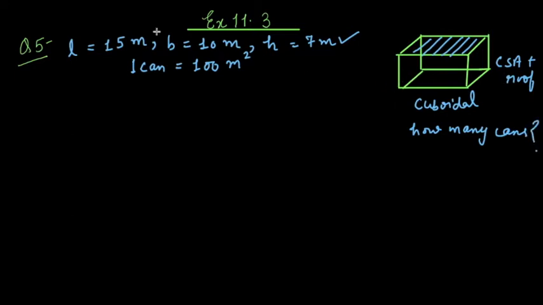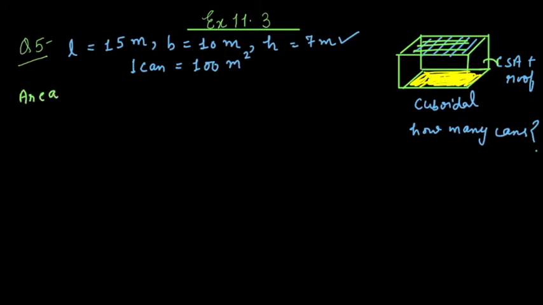So what is he not painting? He is not painting the floor, which I am shading now with yellow. Now if it is a cuboidal room, what all do we have to calculate? We have to calculate all four sides plus the area of the roof, the ceiling. So how do we write it?